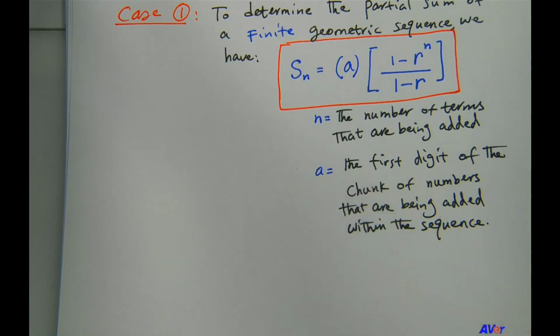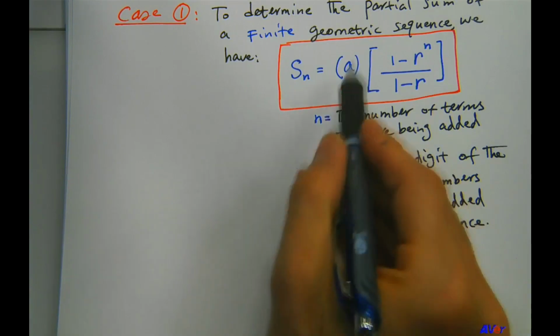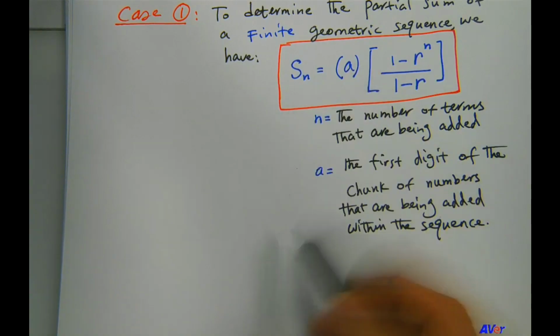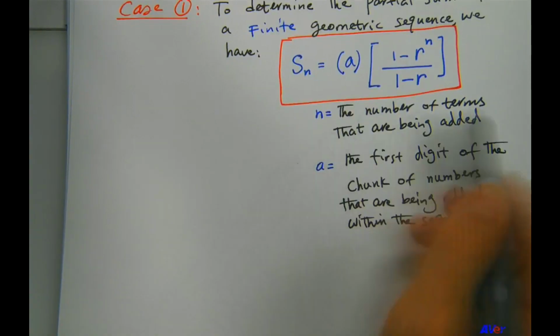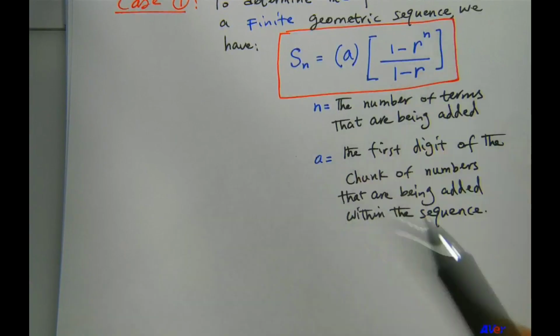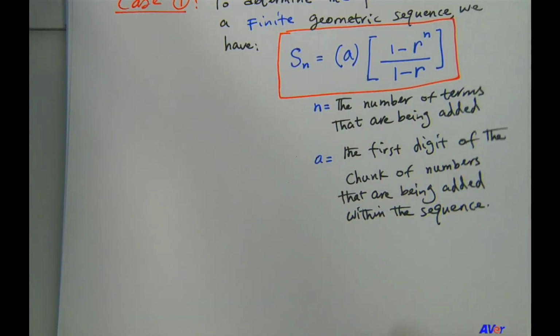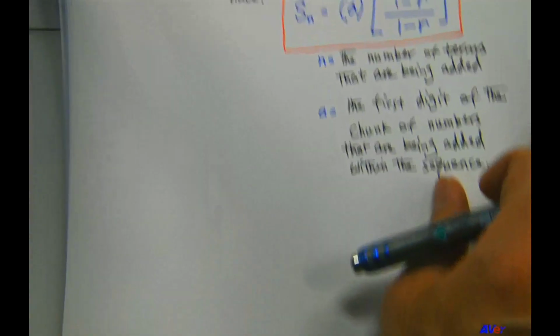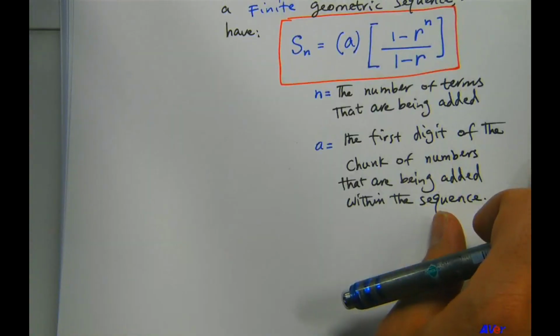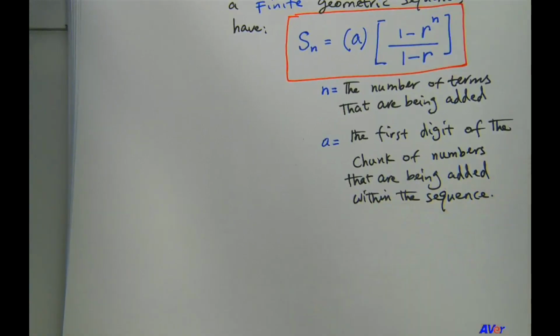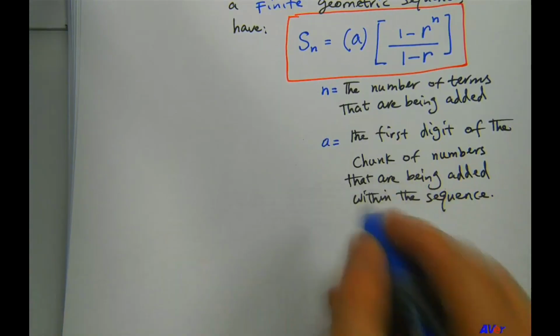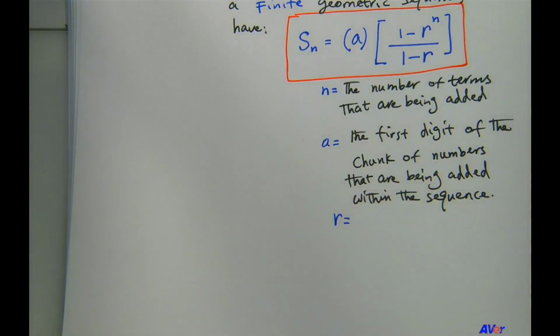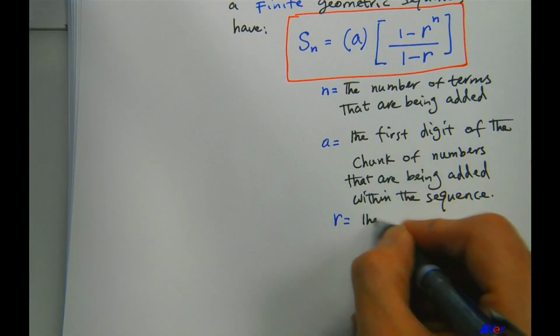So wherever you start adding numbers, that first number where you start becomes a in this formula. Okay? And n is how many terms you're adding, and of course r is the common ratio. So r stays the same. Fortunately, that's one of the variables whose definition is the same in both formulas. So r is the common ratio.